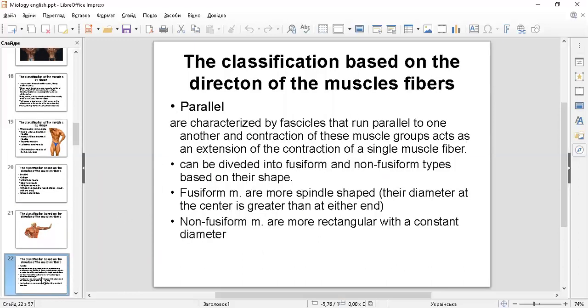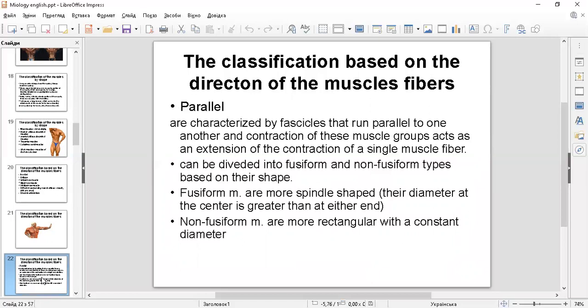Parallel muscles are characterized by fascicles that run parallel to one another, and contraction of these muscle groups acts as an extension of the contraction of a single muscle fiber. They can be divided into fusiform and non-fusiform types based on their shape.